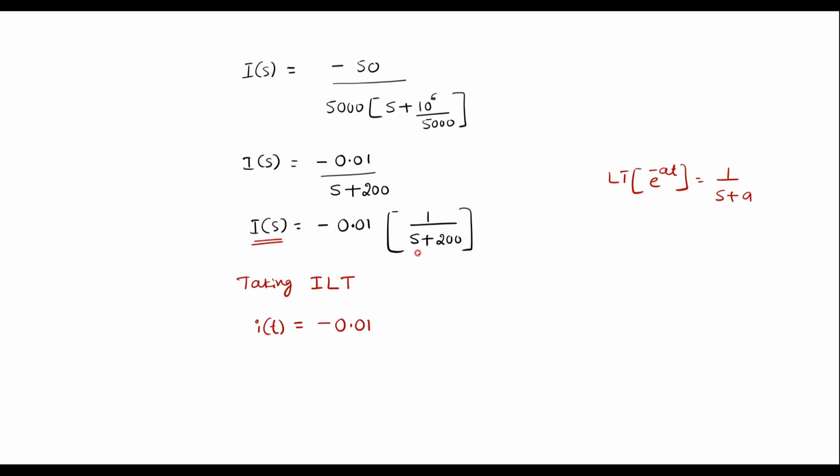If we compare with this expression, it is the same, that is 1 over s plus a, so here a is nothing but 200. So the inverse Laplace transform of this term will be e power minus 200 t. So this will be minus 0.01 e power minus 200 t. This is the current which is flowing in the circuit.